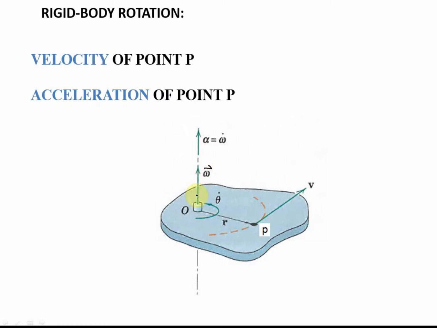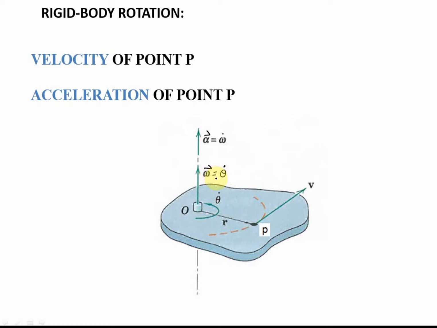It has a direction perpendicular to the plane that is rotating. If you have angular acceleration, it also has the same direction as the angular velocity. That angular acceleration is the time derivative of omega, that's why it has a dot here, and omega dot is the same as theta double dot, where theta dot is the same as omega.